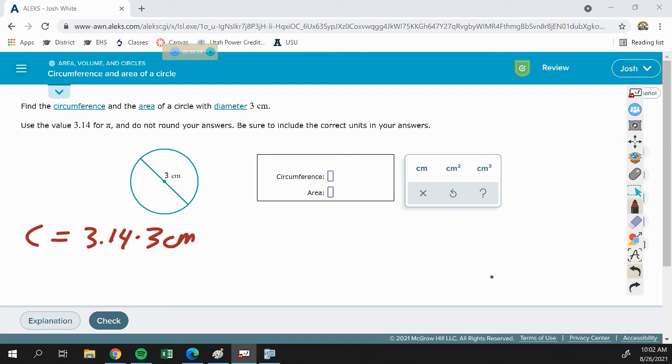And the area is going to be 3.14 times what? How would you find area? 1.5. So 1.5 centimeters squared.